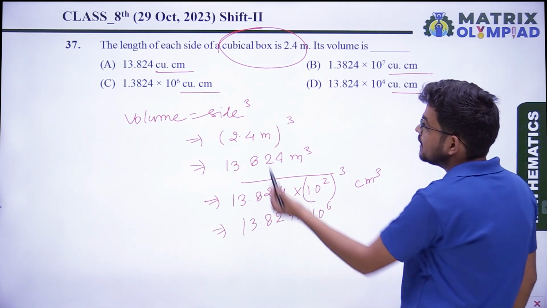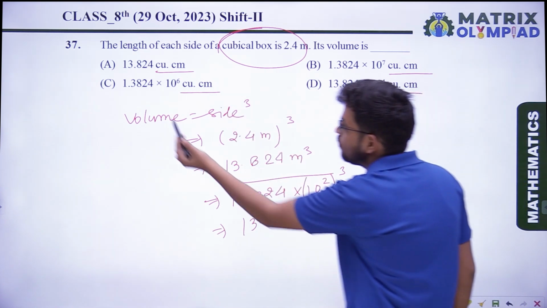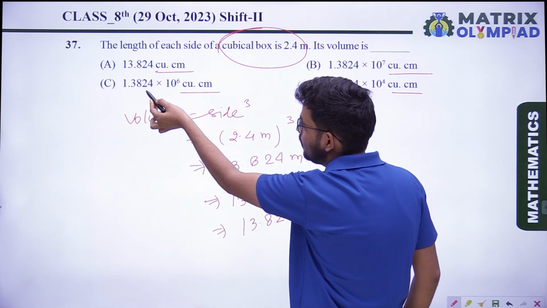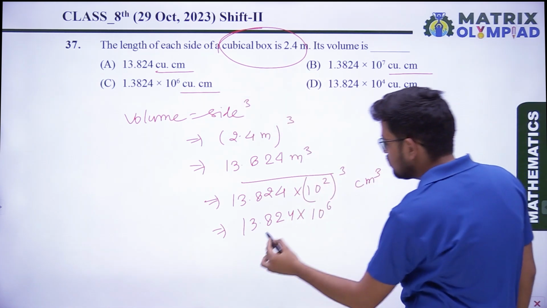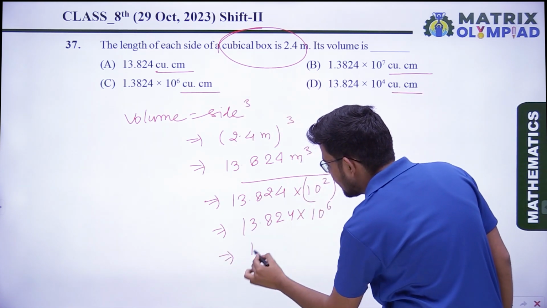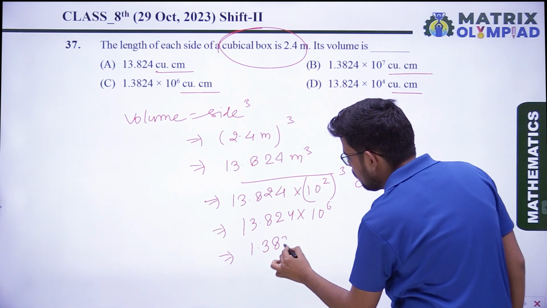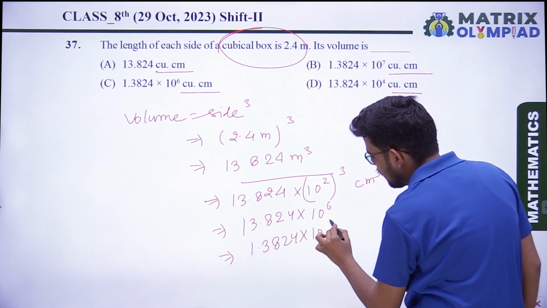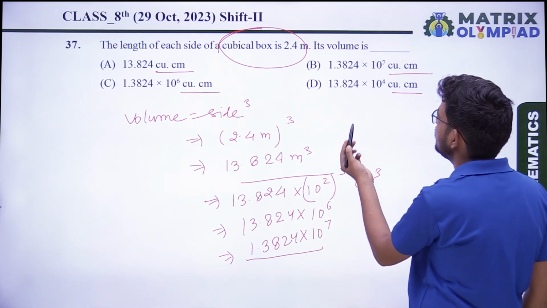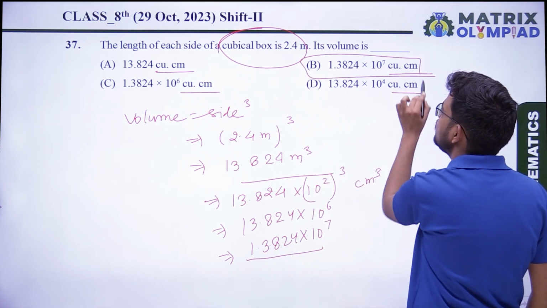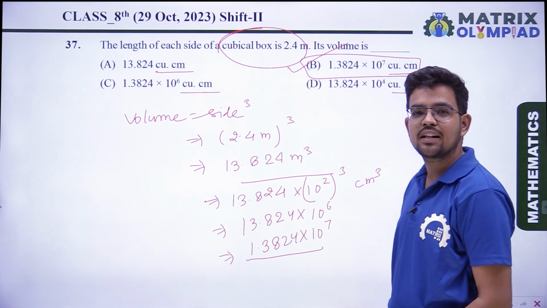But this is 1.3824 into 10 raised to power 6, and this is not the answer. So here we will simplify more, that is 1.3824 into 10 raised to power 7 cube centimeter. Option B is the correct answer.